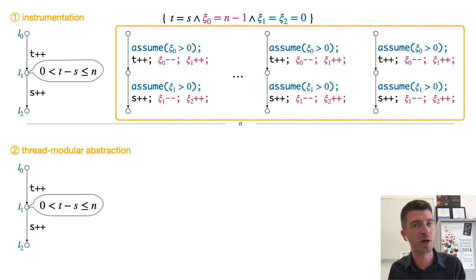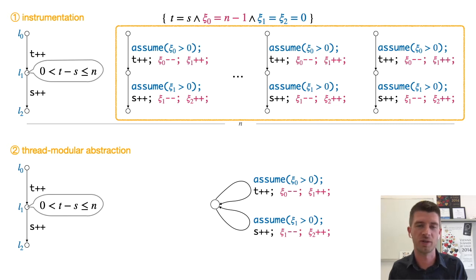The program counter of each of these threads gets abstracted away, which results in something that has no control state, or just this one control location, and all the transitions of these n-1 threads collapse into just 2 transitions in this summary.